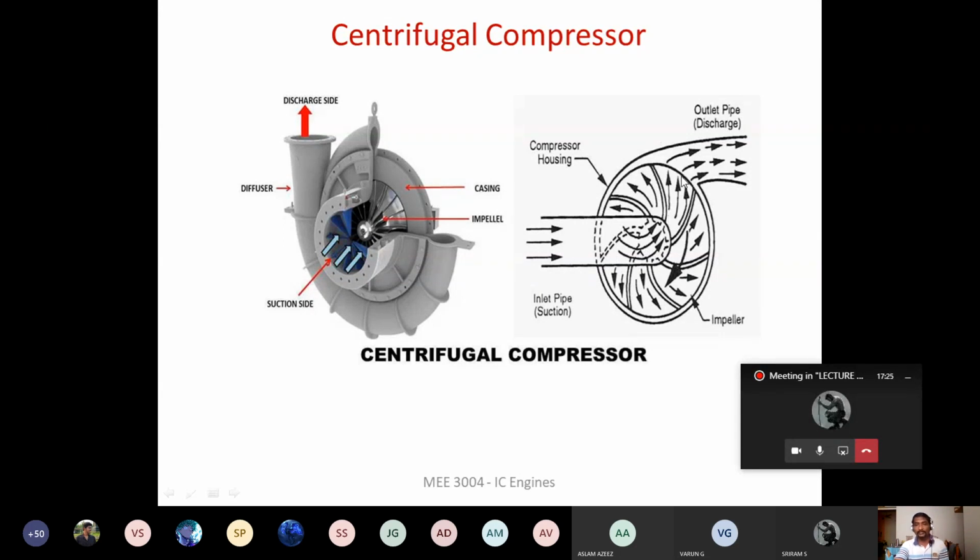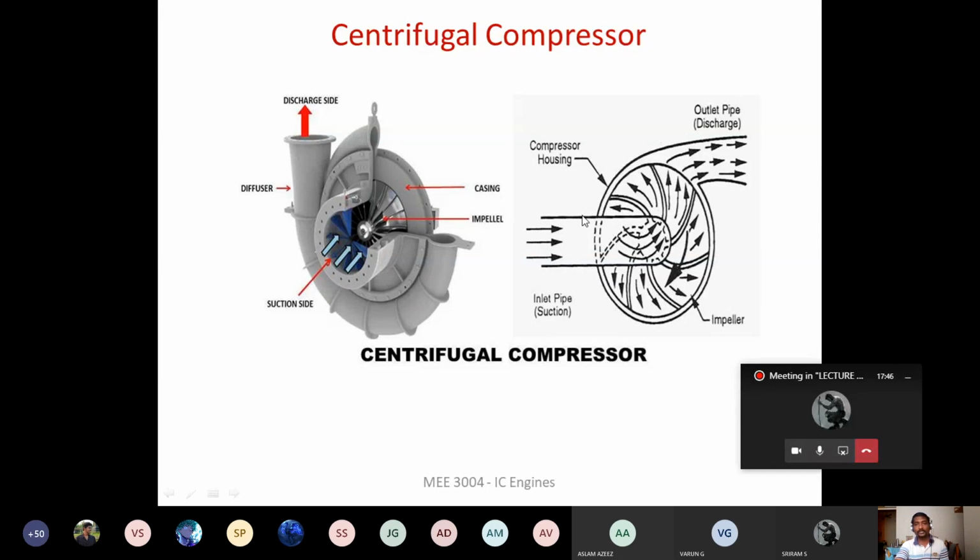For any fluid flowing through a flow passage, from Bernoulli's equation, P by rho g plus V square by 2g plus Z, it is going to have the datum head, the pressure head, and the kinetic energy, V square by 2g. All three are going to be there.